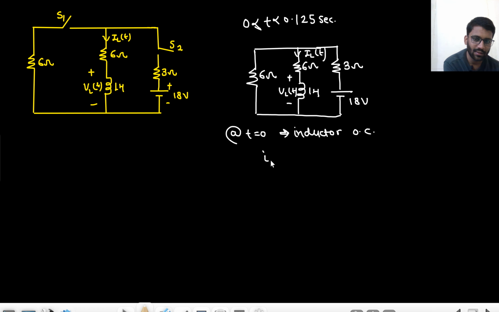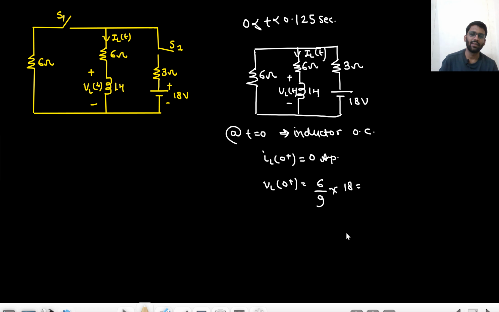So iL(0+) is 0 ampere. What about vL(0+)? If this inductor is open circuited, that means this 6 ohm doesn't come into action. So 6 by 9 into 18. This is a very simple problem. Actually, 2 by 3.